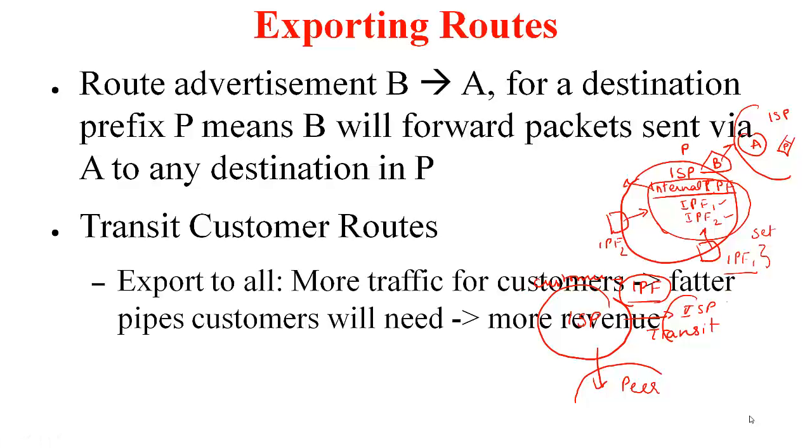Well, the customer routes, it should ideally expose to everyone because you are taking money from the customers to provide this service. And as more and more traffic goes to the customers, they will need fatter and fatter pipes, thereby you will make more revenue. So the customer routes you have to expose to whatever peering relation or transit relation that you have.